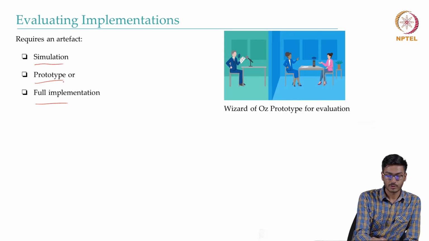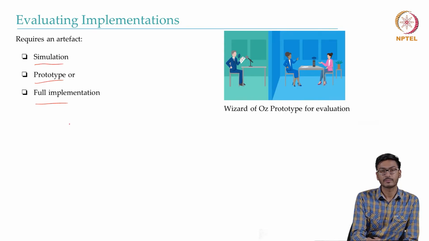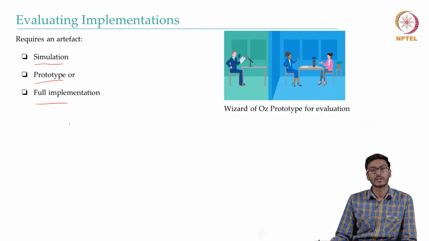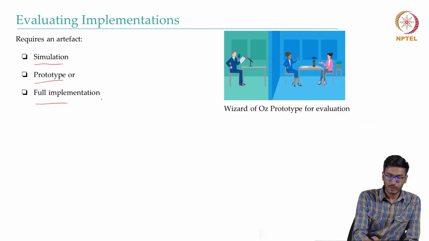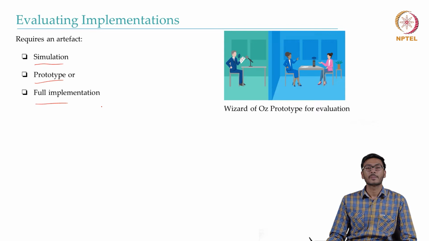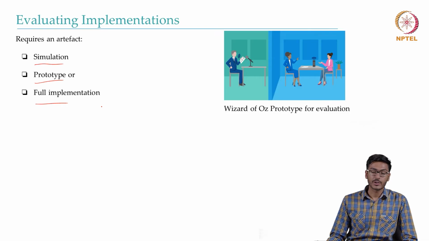Secondly, we can also do the same using a prototype where we actually end up using the product as usability testing. Finally, we can also do the evaluation on the full implementation, that is, the whole coded application, or as you would have known, some beta applications are also released to users. Those are examples of evaluations on full-scale implementations.